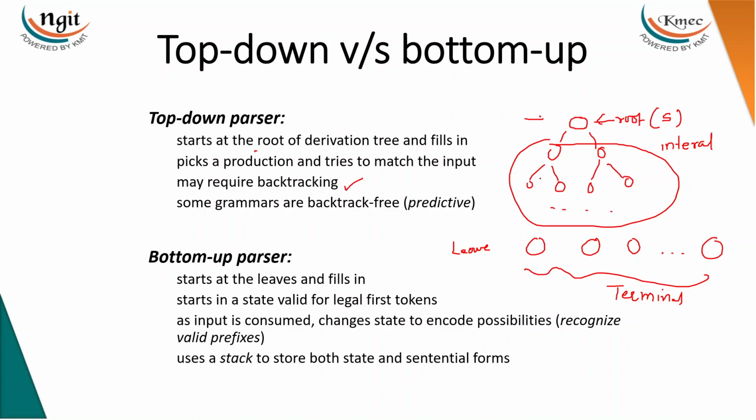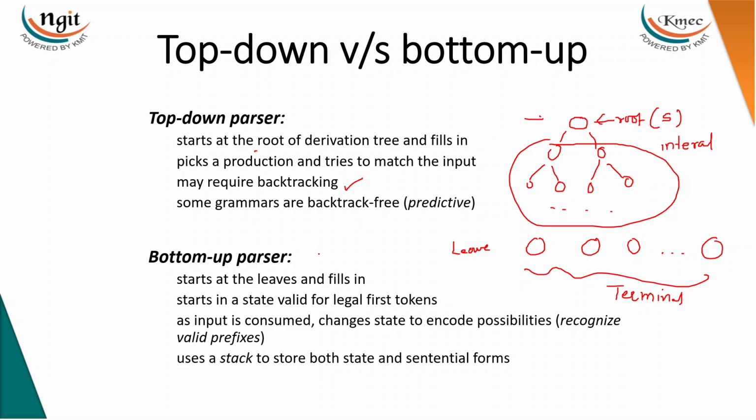And of course some parsers are predictive. Predictive means we substitute the production based on the input symbol. In that case there is no concept of backtracking. We are going to discuss these backtracking parsers and backtrack-free parsers in the next session, right?